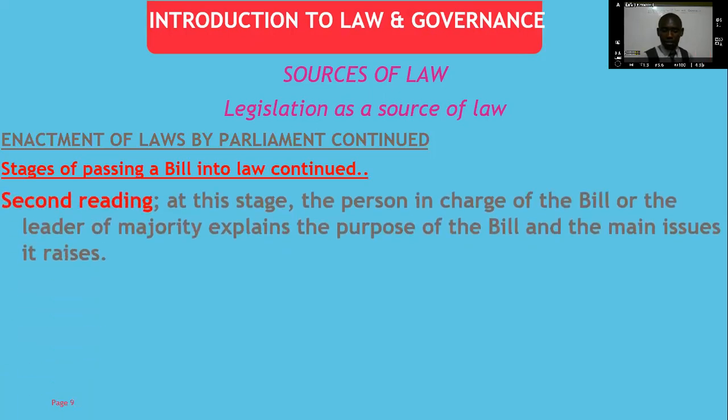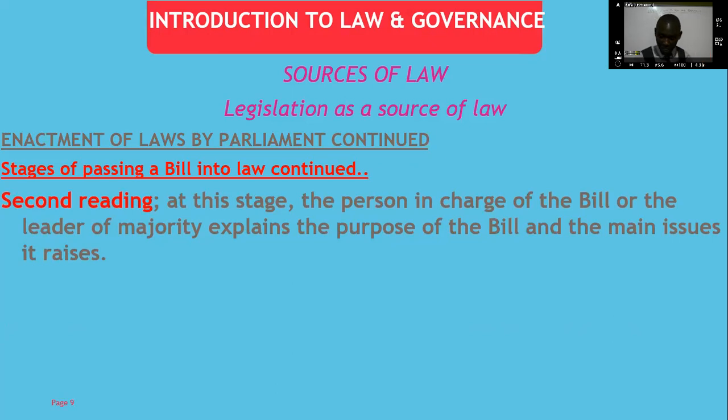Still on the stages of passing a bill, it now goes to the second reading. At this stage, the person in charge of the bill, or the leader of majority, explains the purpose of the bill and the major issues that arise out of it.